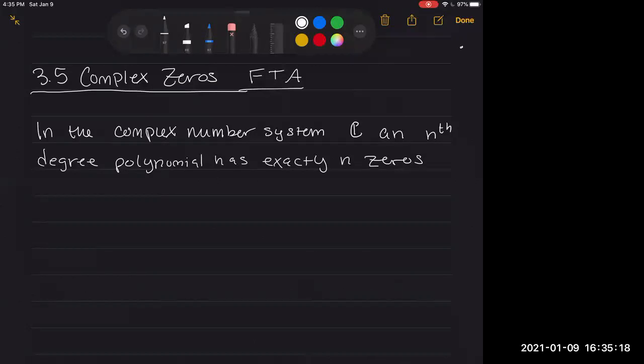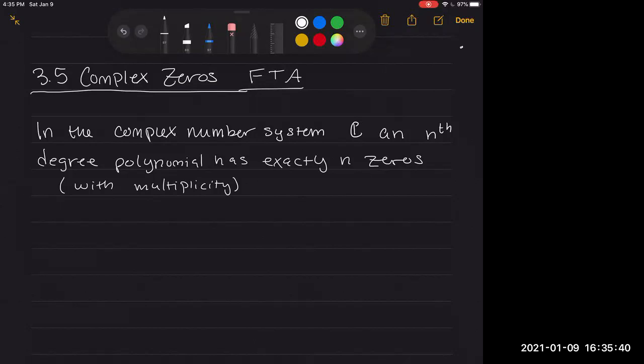And we're going to introduce this thing called multiplicity. That means in your factored form, you'll have something like (x minus 3) squared. That means that our polynomial will have a zero of 3 with multiplicity 2. And I'll explain that more as we go on.